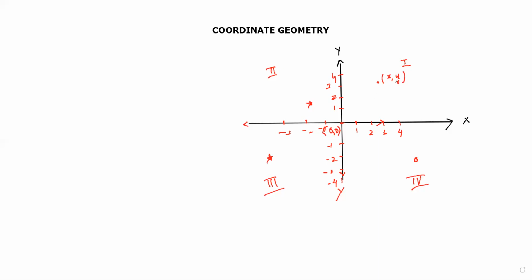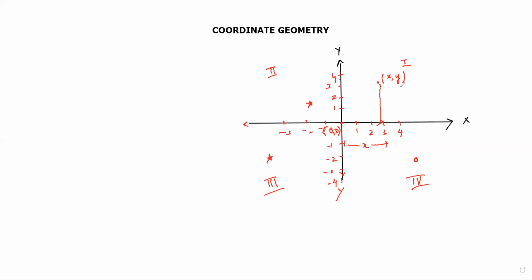Similarly, y means the distance of this point on the y-axis. That is how we say the coordinate x comma y: x distance on the x-axis, y distance on the y-axis.